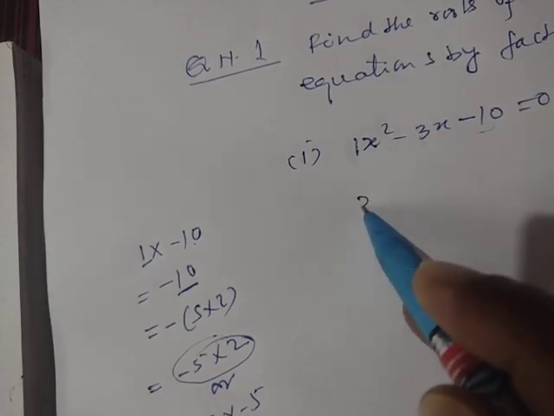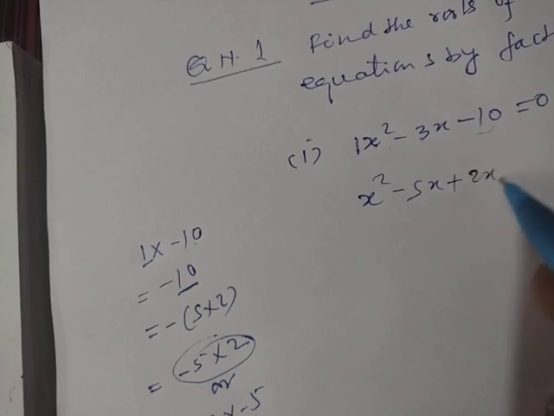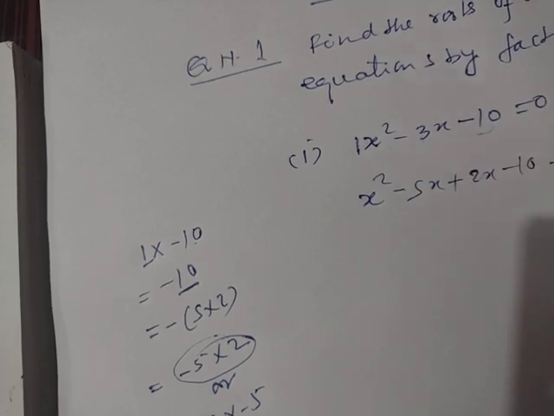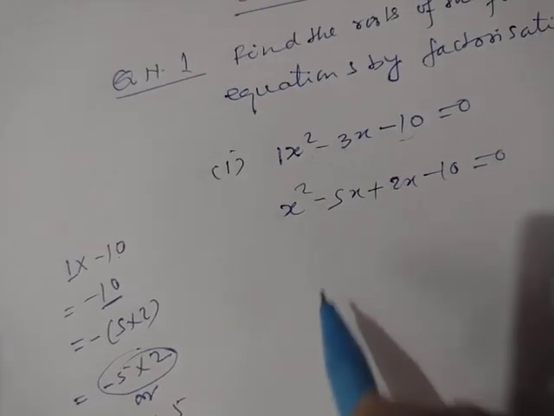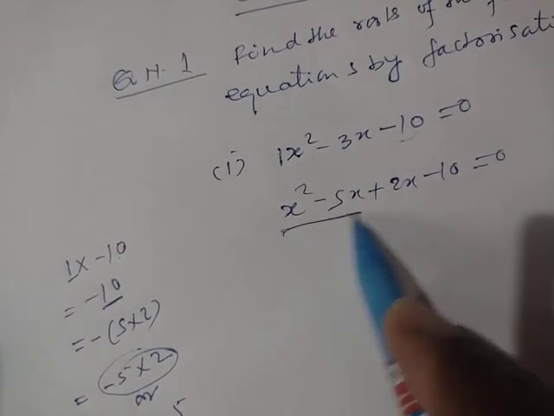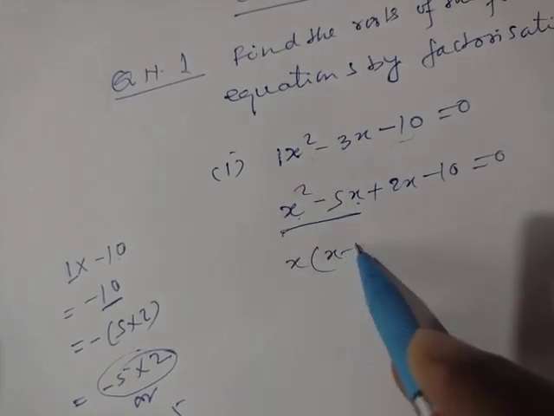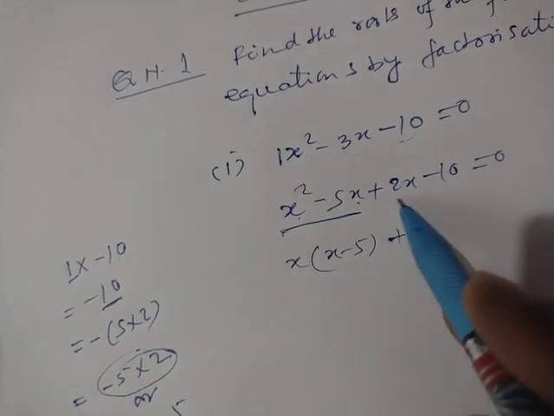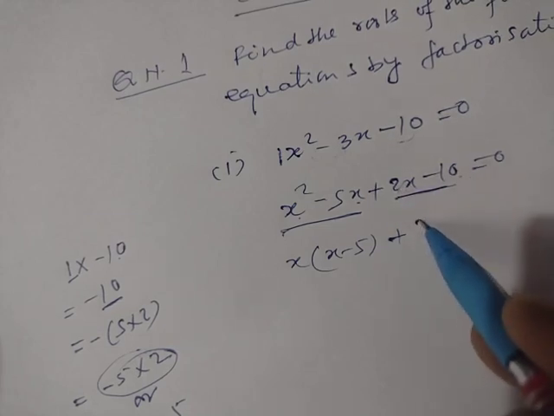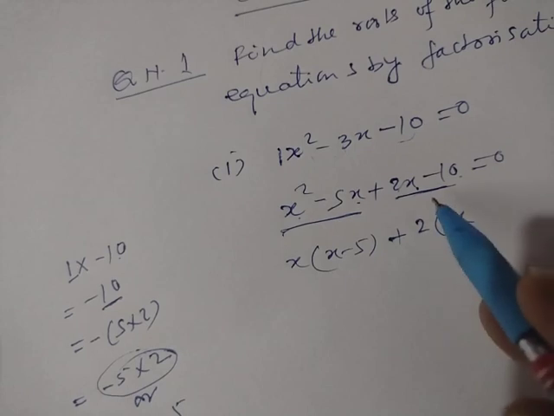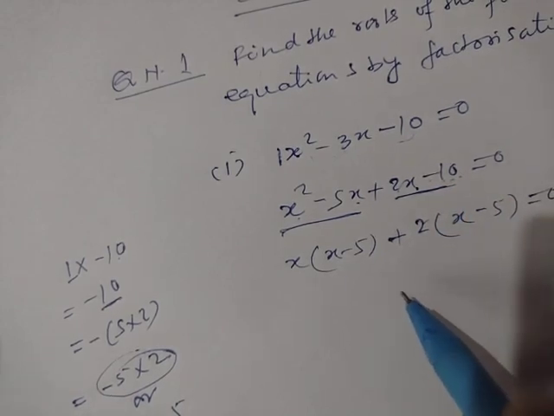So you write here x square minus 5x plus 2x minus 10 is equal to 0. Then what is common in this? x square minus 5x, x is common. x into x minus 5 plus what is common in this? 2x minus 10, 2 is common. 2 into x minus 5 equal to 0.